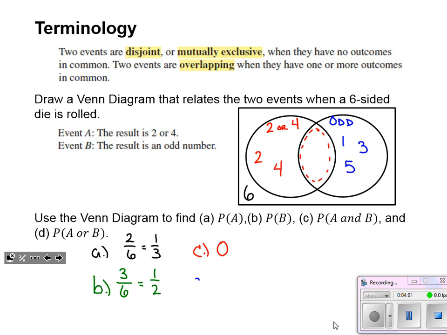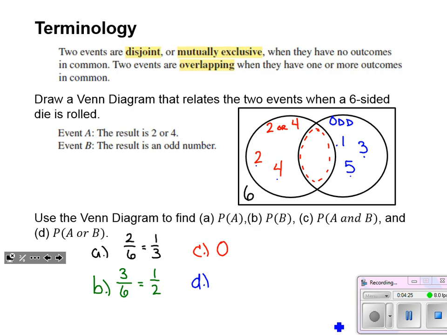And then letter D, the probability of event A or event B. So just think of this at its most basic level. You can probably answer this without any mathematical knowledge whatsoever. That's why we're doing it before the lesson. Okay, so how many ways could event A or event B occur? Well, I could roll a 2, a 4, a 1, a 3, or a 5.